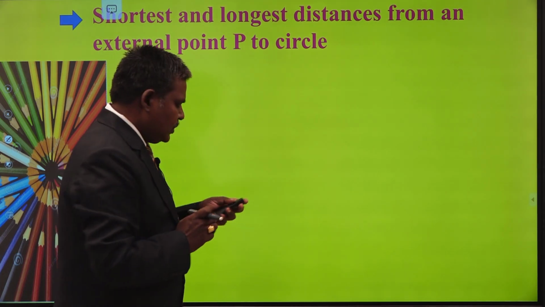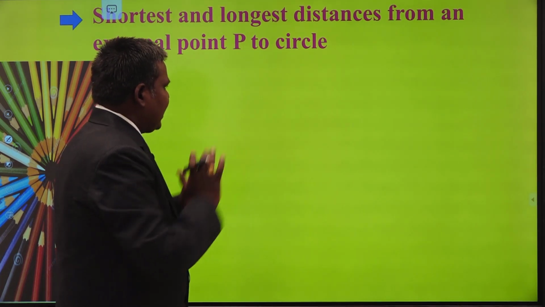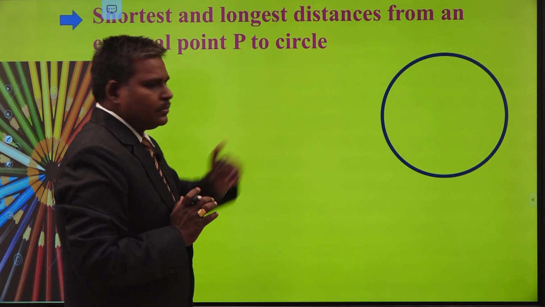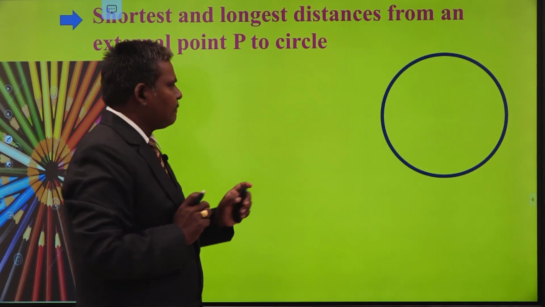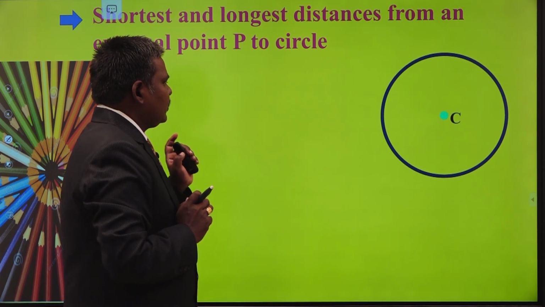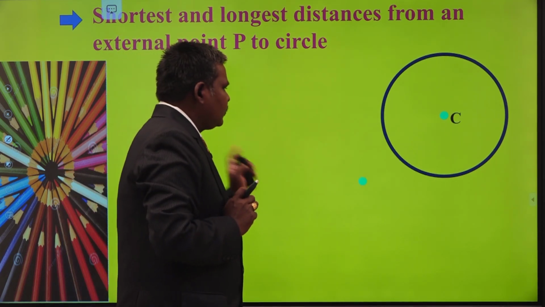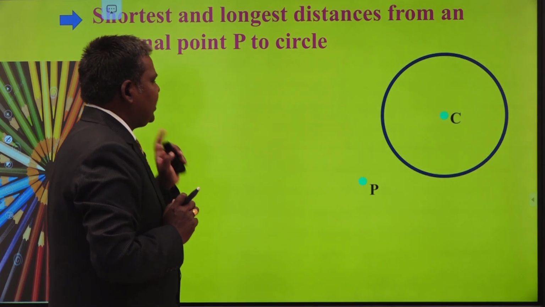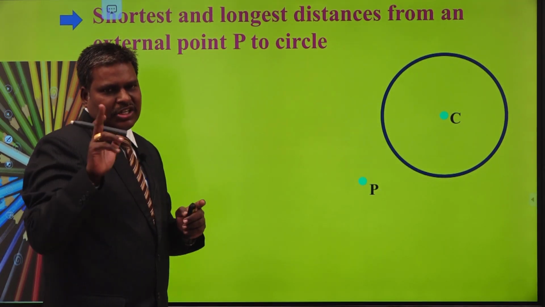No problem. Let us see what it means diagrammatically. This is your circle. This is the center of the circle, C say. Now, this is your given point P. What is your task?